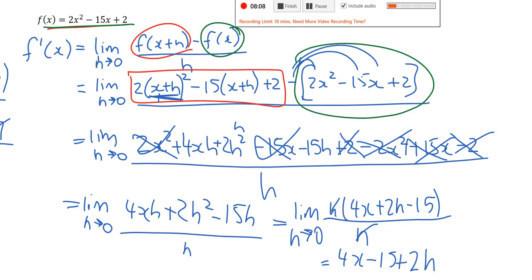But what is the h? So that's 2 times 0, which is just 0. Here is my answer. Which again, if you guys were able to differentiate, you'd probably tell me the answer is 4x minus 15 without even thinking for more than 1 minute. Would that be about fair? Looking at a question, if I answer the question, you'd be like, here's the answer. That's it, done by first principles. Okay? Any questions with that?